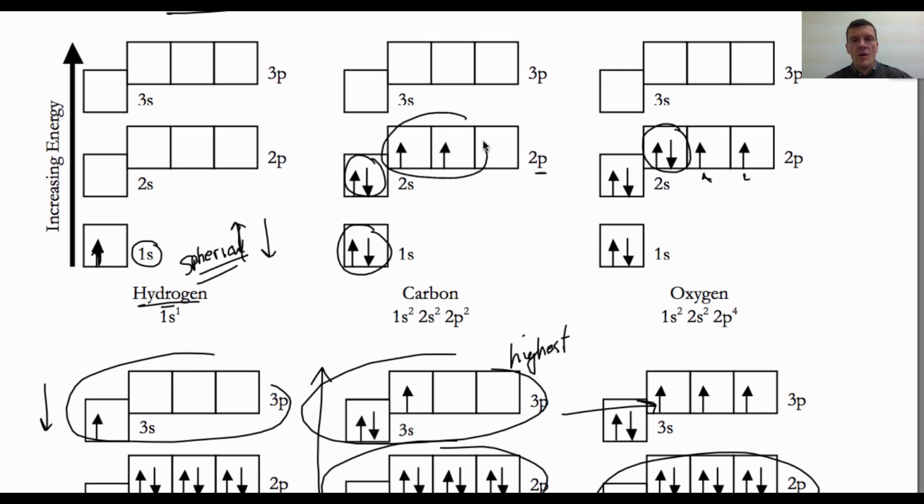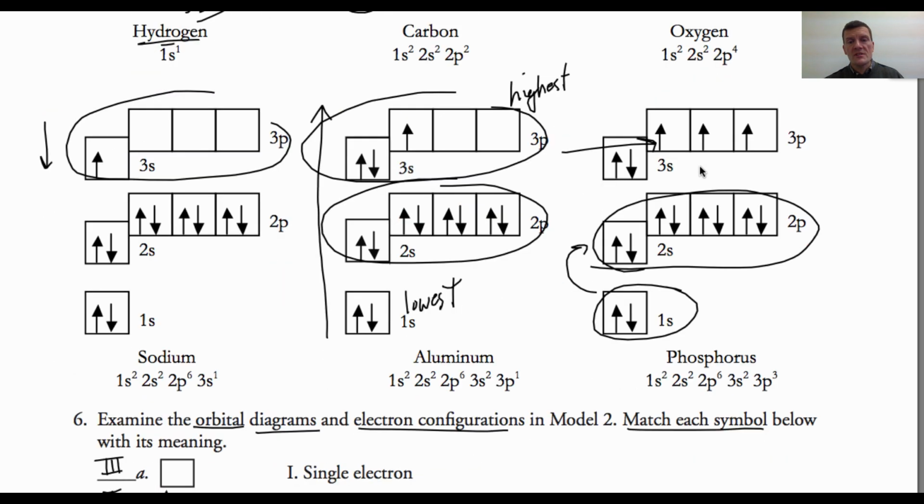Okay, you see? You're putting one in each. You're not going to double these up until you have one. Here now, you've got 1, 2, 3, one in each of the 2p's. Now you can double them up, going back to the original first 2p. You wouldn't go up to 3 yet because the 2p is not full, but you don't double up the 2p's until you've got one in each of the 2p's.